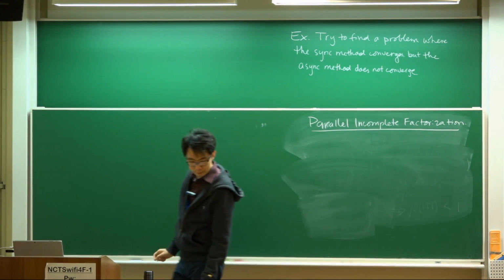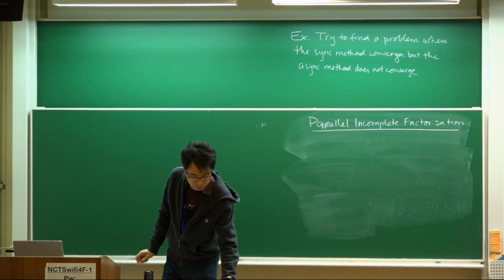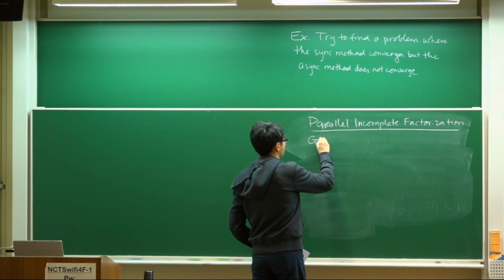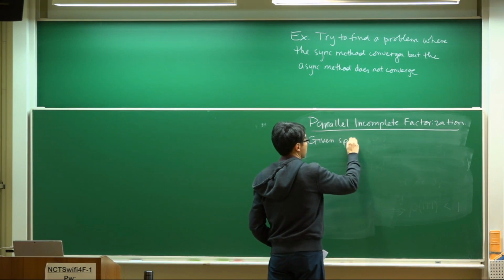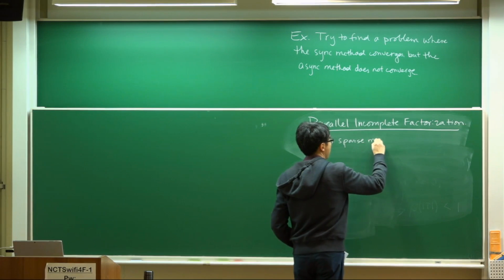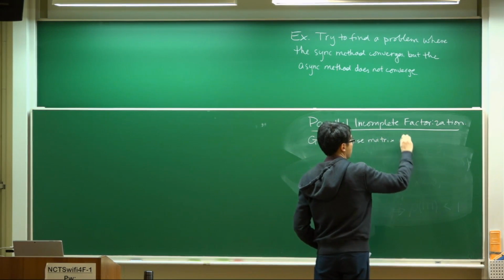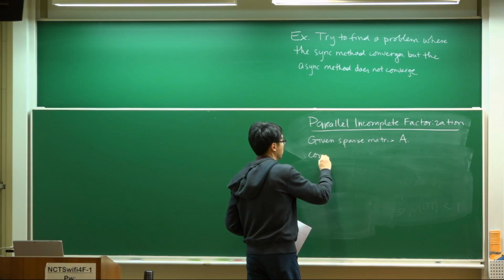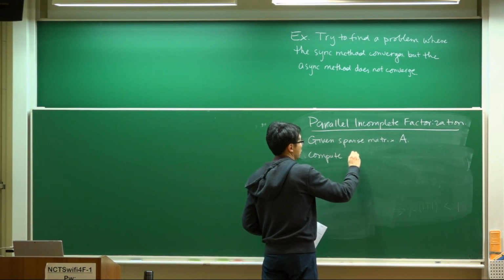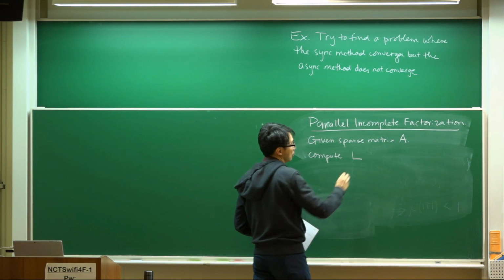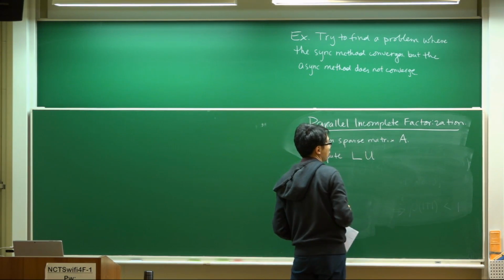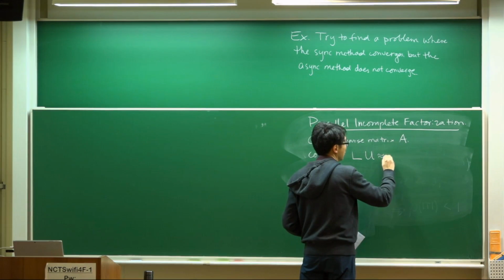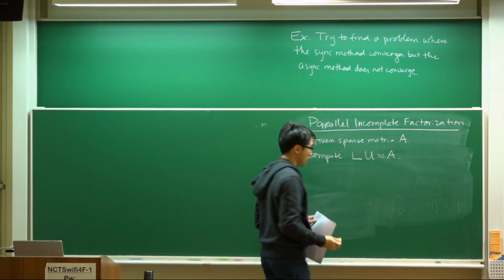Okay. So to remind you, if we're given a sparse matrix A, we want to compute a sparse lower triangular L and a sparse upper triangular U such that its product is approximately equal to A. Right?